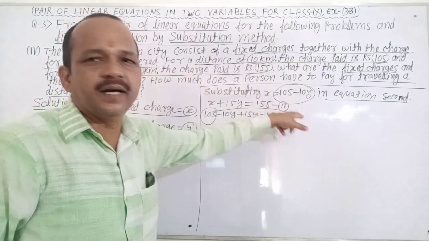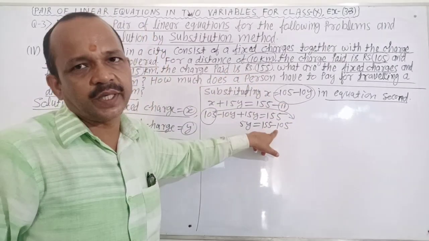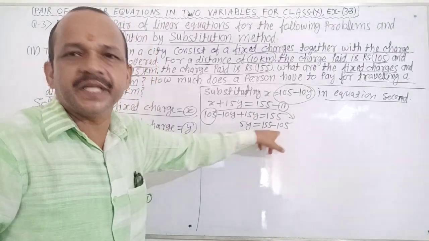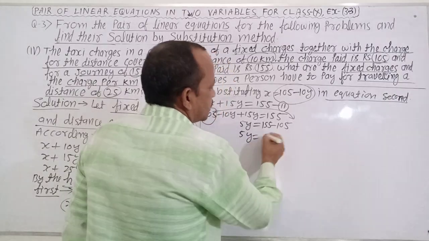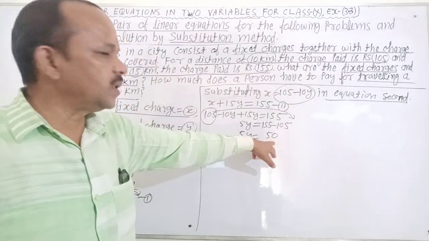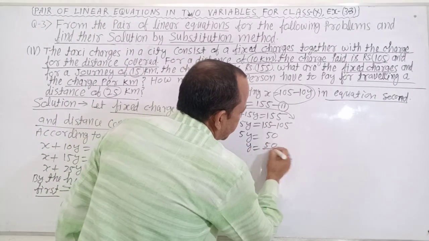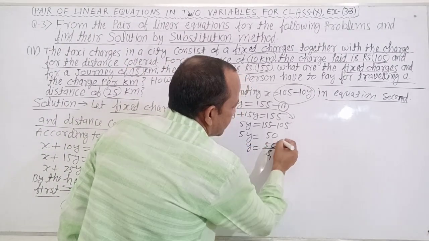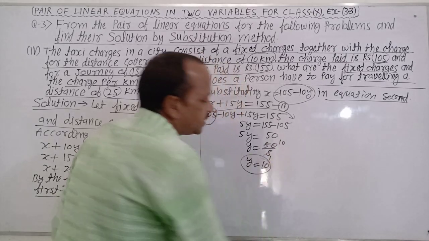When you write it on right side of equal, then it becomes minus 105. Now you subtract it. It becomes 5y equal to 50. y equal to 50 by 5. 5 1s are 5, 5 10s are 50. You find y equal to 10.